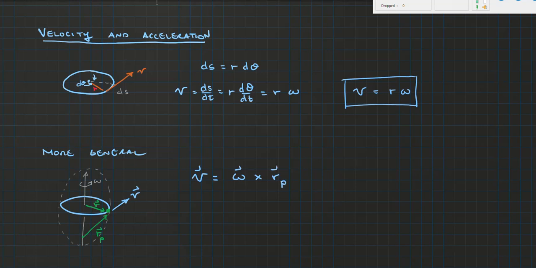p. So if you use the right hand rule, you'll see that crossing omega, so omega points in the z direction, and we cross that with rp, for example, we get the vector tangent to the point here. And we could also do the same thing with r, if you have r.